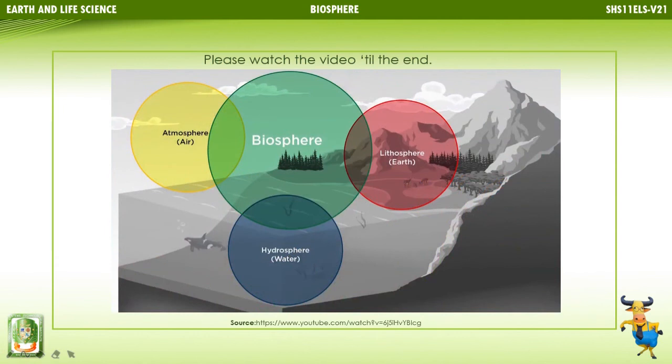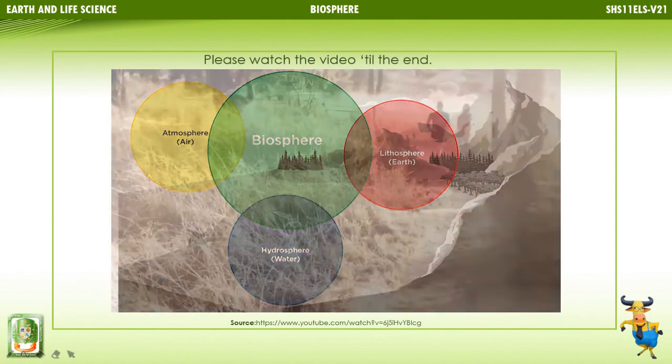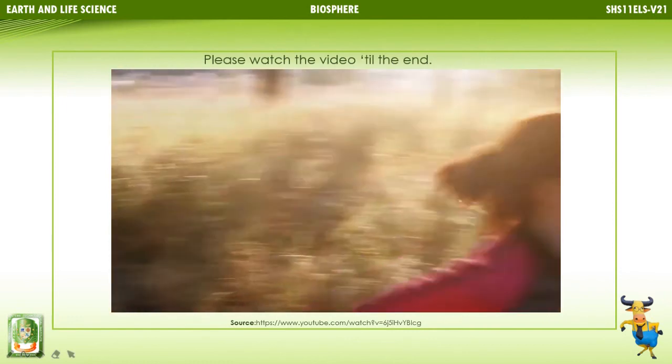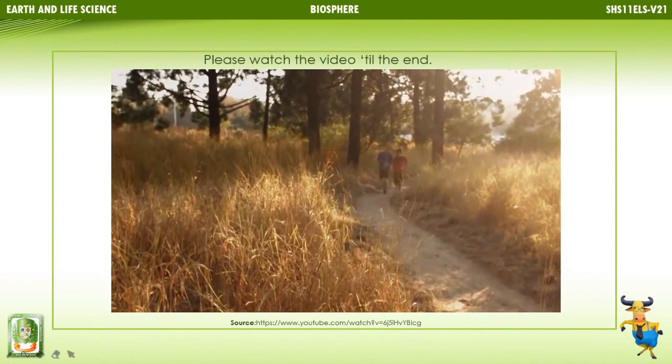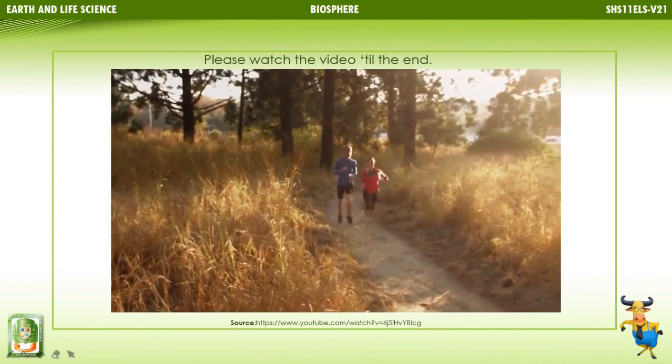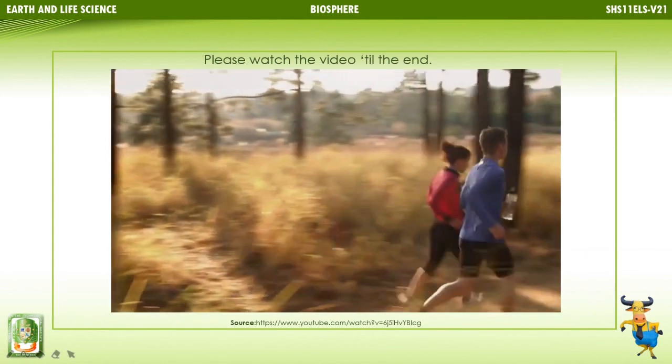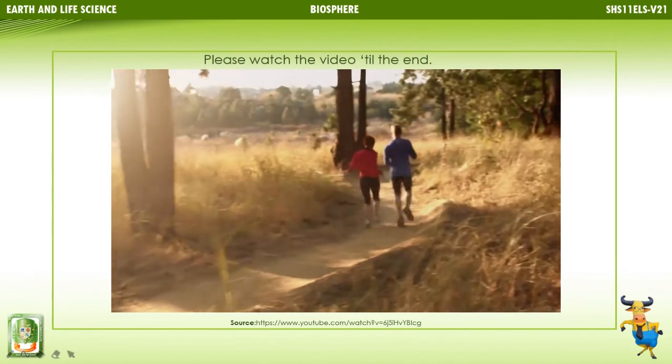These systems all interact to create and maintain the world as we know it. Human beings from the biosphere walk on the ground, the lithosphere, breathe the air, the atmosphere, and drink the water, the hydrosphere. We could not exist without any one of these systems.